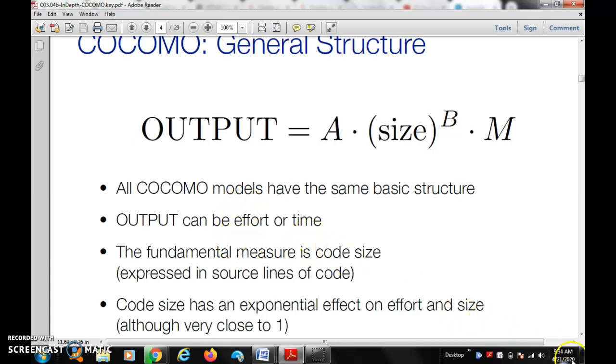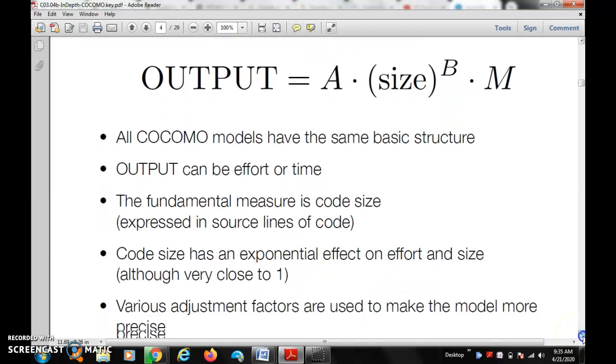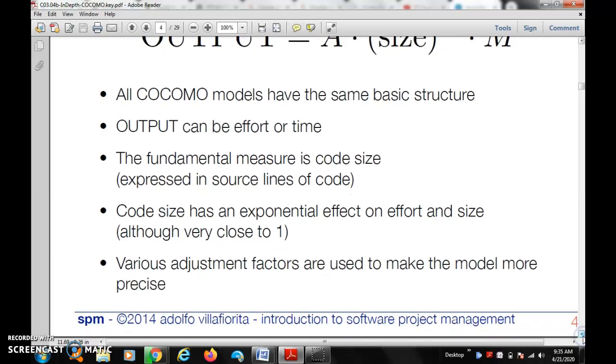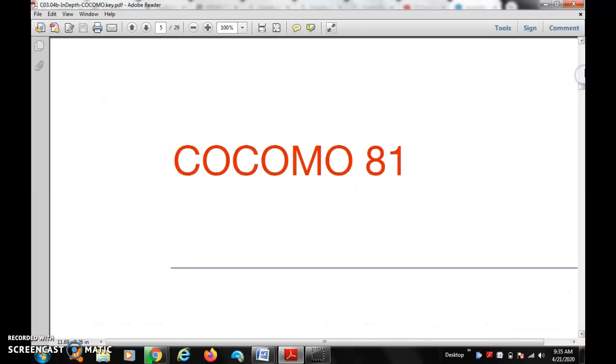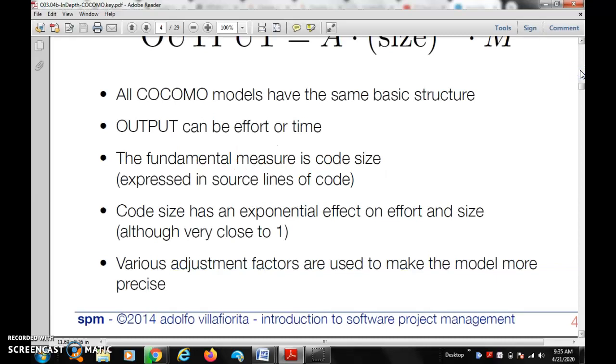The fundamental measure is code size, and code size has an exponential effect on effort. The exponent is very close to 1. Various adjustment factors are used to make the model more precise.